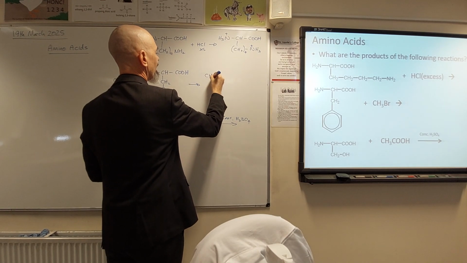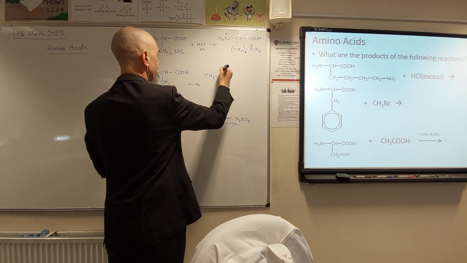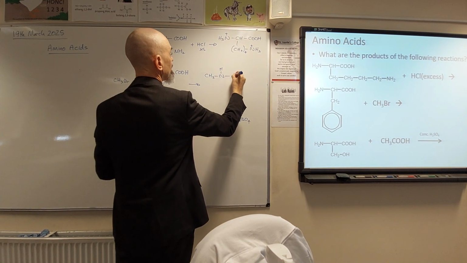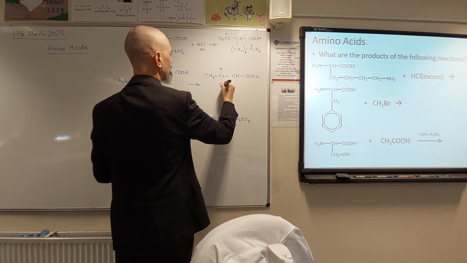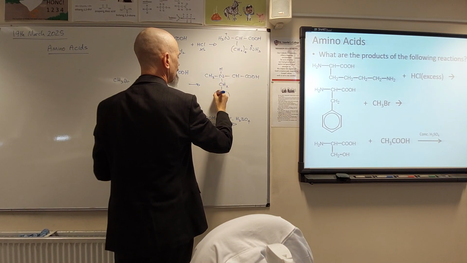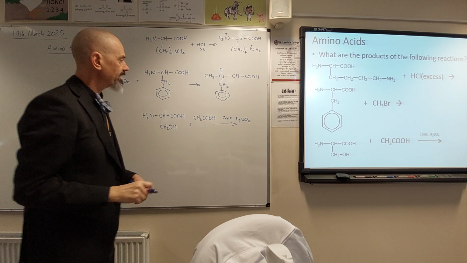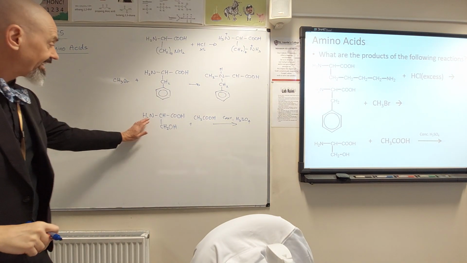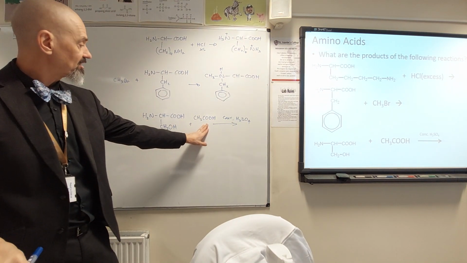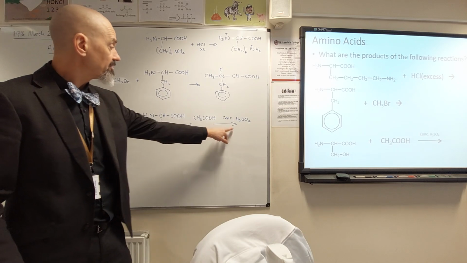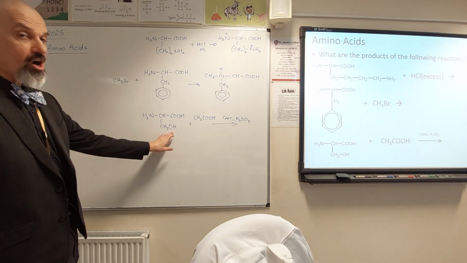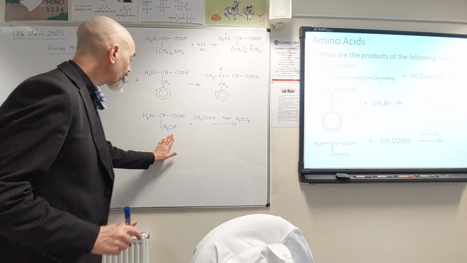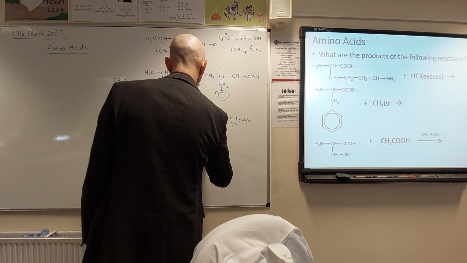It's going to make a substituted amine there, and then the rest of the molecule will stay the same, doesn't affect the benzene ring. And then lastly, my carboxylic acid with concentrated sulfuric acid will react with the alcohol in the R group. Don't forget the R group, that can react as well.